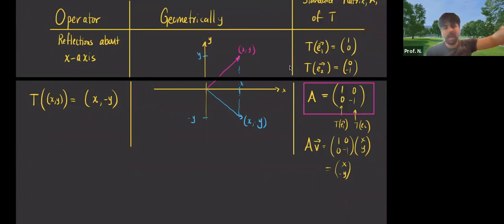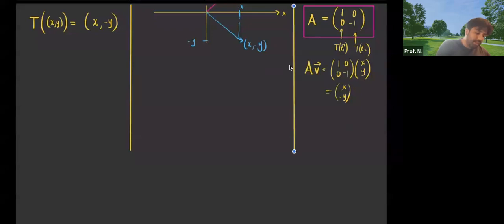Any vector you give me, when I apply A, I get the correct vector representing the reflection across the x-axis. Does everybody follow that? This is where matrices and linear algebra come alive.